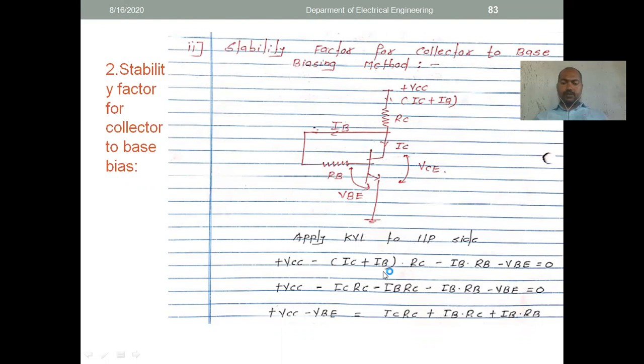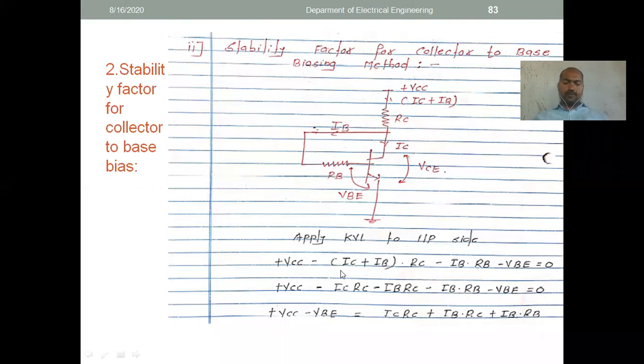Separating this out, plus VCC minus IC into RC minus IB into RC. Here it is a plus, but we have written it as a minus, because it is minus of IC and minus of IB. That's why it is minus IC into RC minus IB into RC. Minus IB into RB minus VB, which is equal to 0.